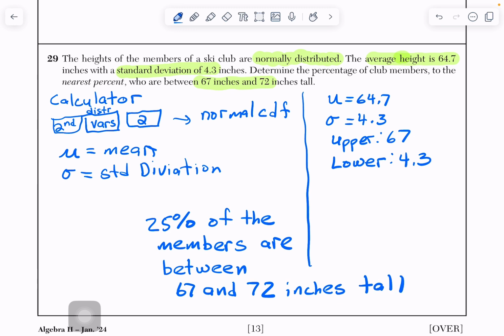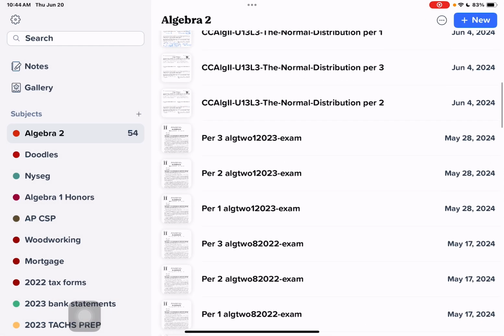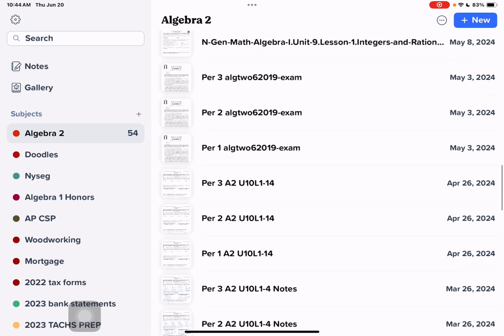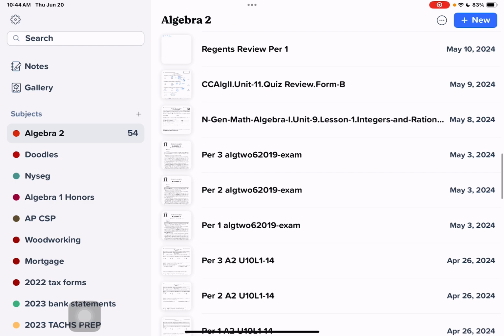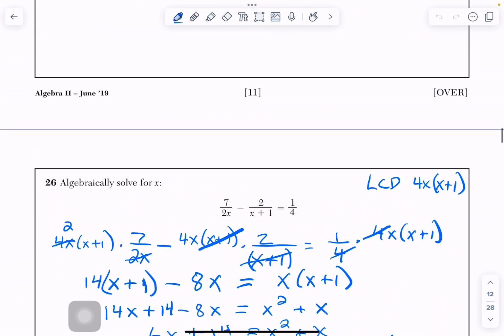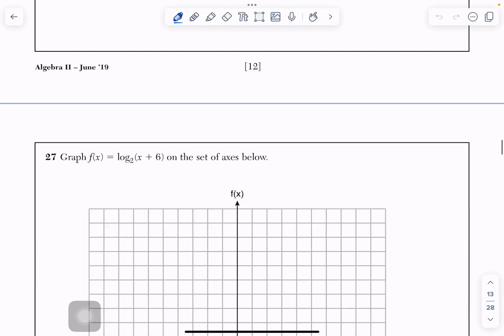So I want to go back to page 6. Everybody turn back to page 6 in your green books, and we're going to look at number 30. Okay, and I'm going to get it, and you're going to go look for it. And here we are, page 6, that was the first Regents we did. It was the very first one. Where are you? August. Oh, we're looking for number 30.